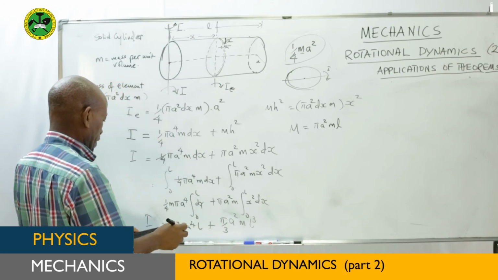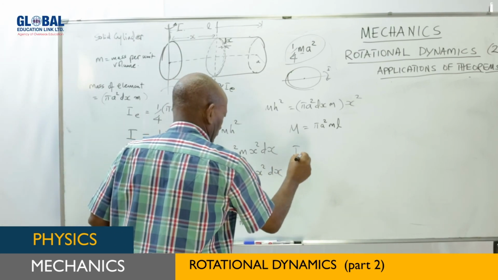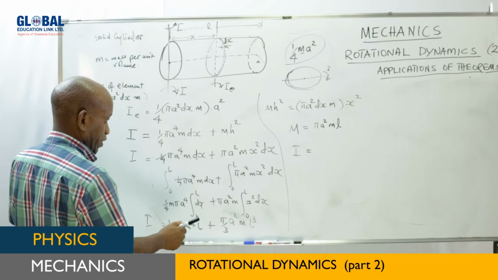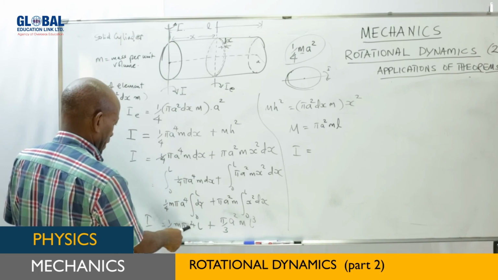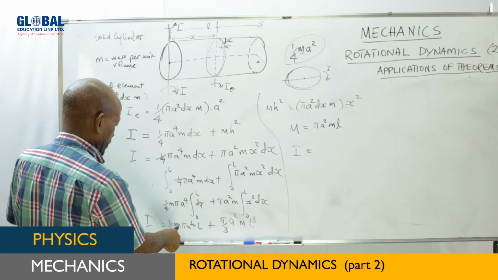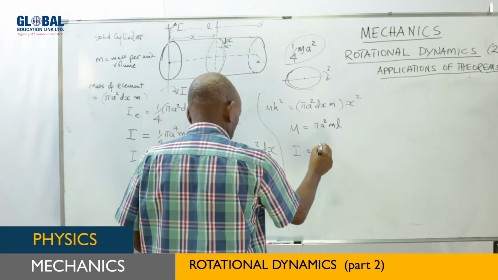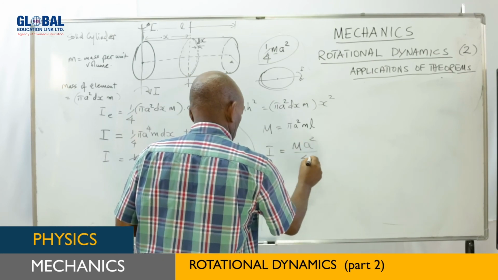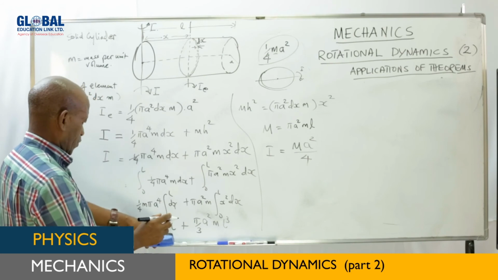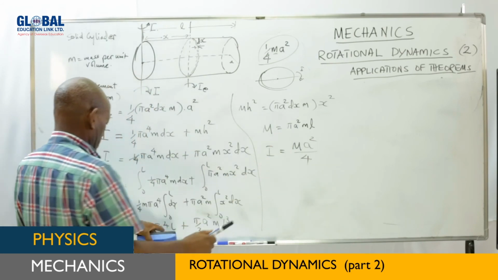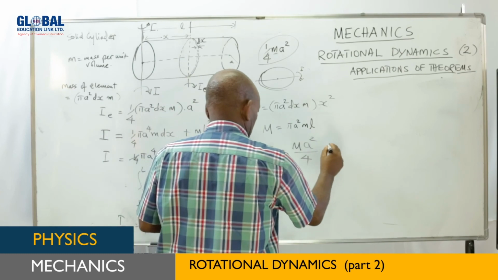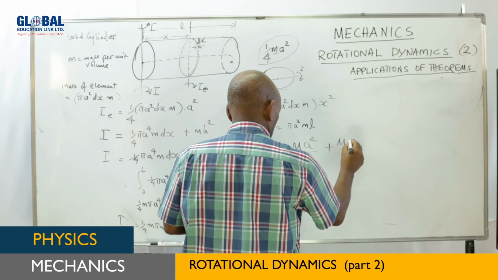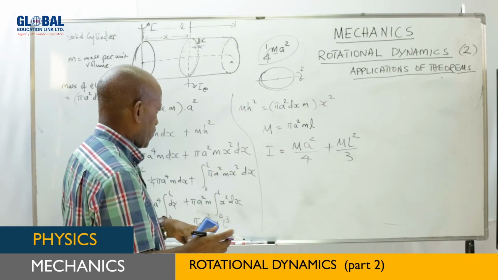Therefore the moment of inertia I can now be reduced from this expression. If you take pi a squared L m as capital M, here you'll have M a squared over 4, remembering that another a squared had been absorbed there, plus M L squared over 3.